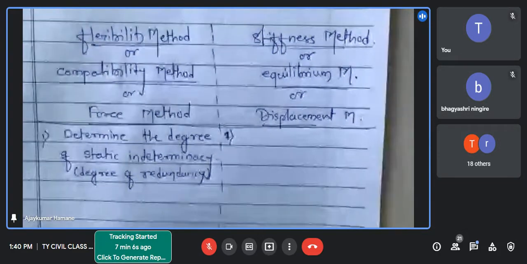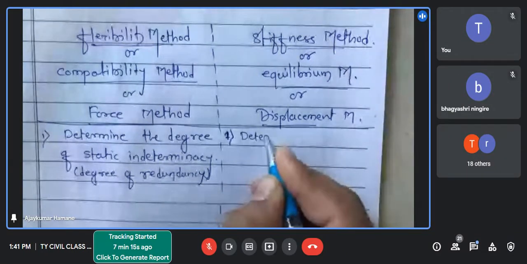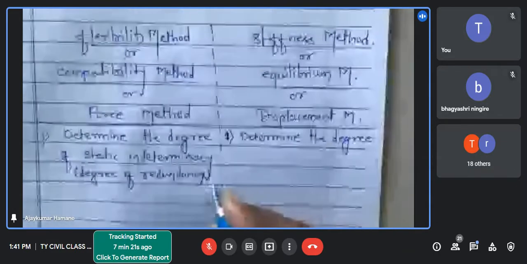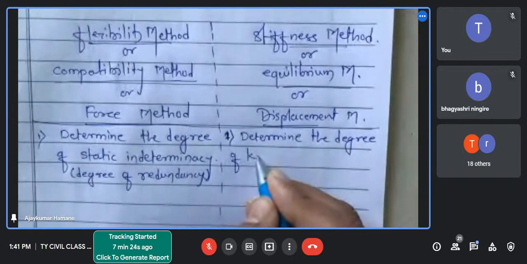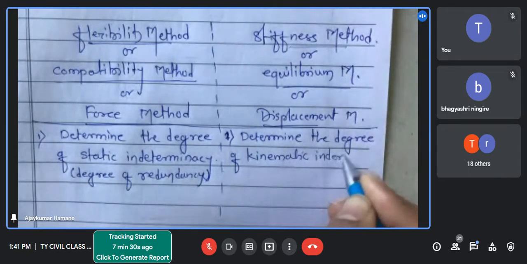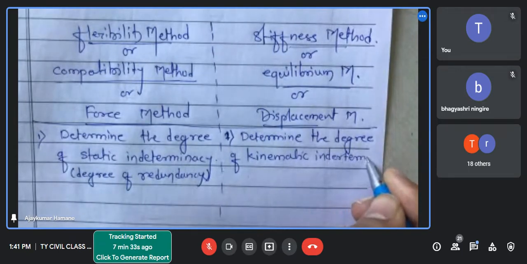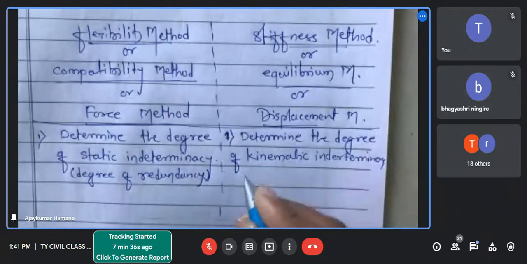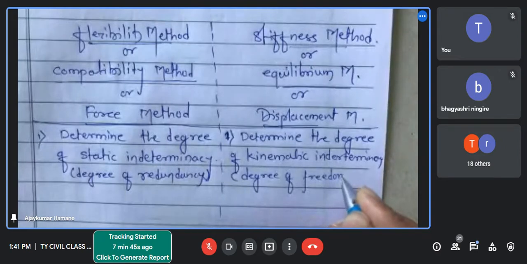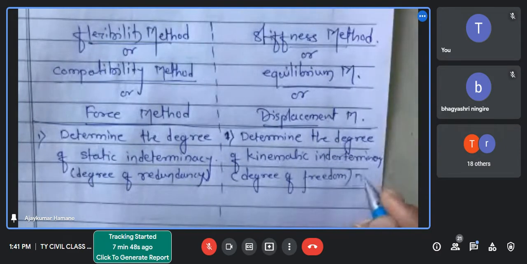In the stiffness method, we have to determine the degree of kinematic indeterminacy. It is also known as the degree of freedom.